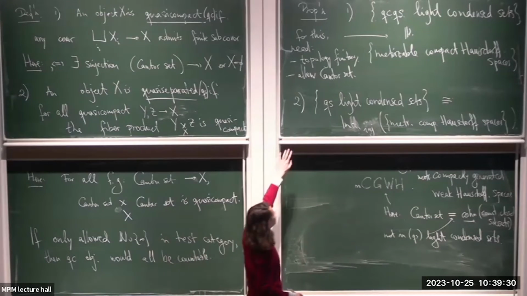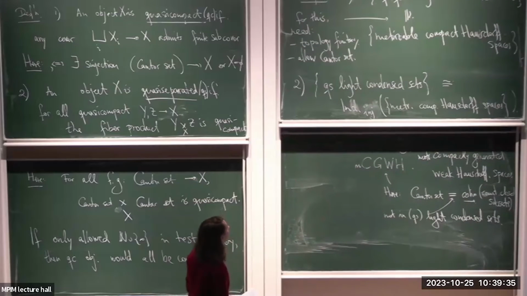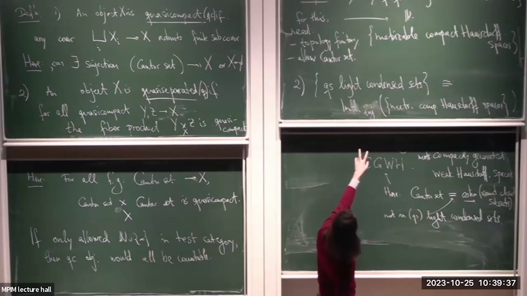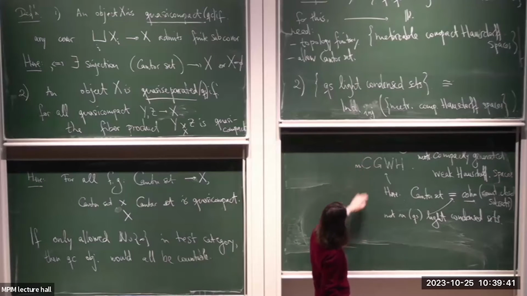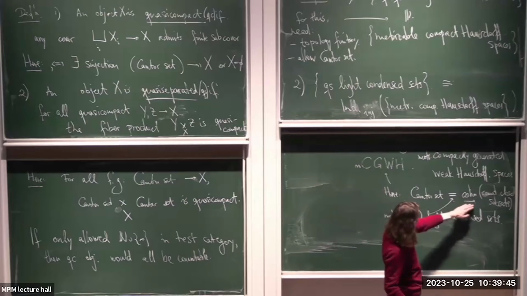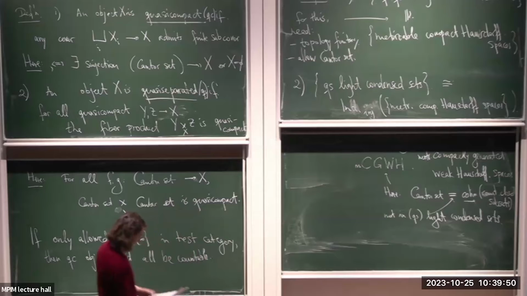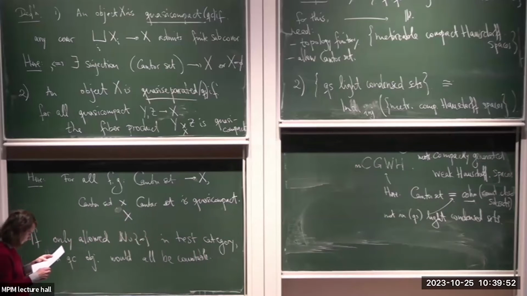Okay. But actually, if you ask for Ind systems that are countable, then they all come from here. So some of the difference between these two categories only comes when the colimit category is pretty large, as it is in this case. I don't understand the subtlety here.